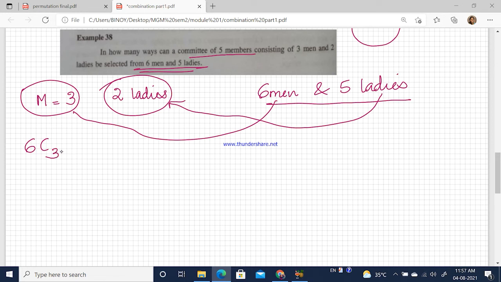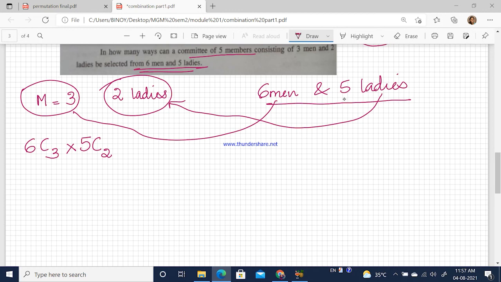Into, then we have 5 ladies. From 5 ladies we need a combination of 2 ladies, so 5C2. So 3 men from 6 can be selected as 6C3, and similarly 2 ladies from 5 can be selected as 5C2.